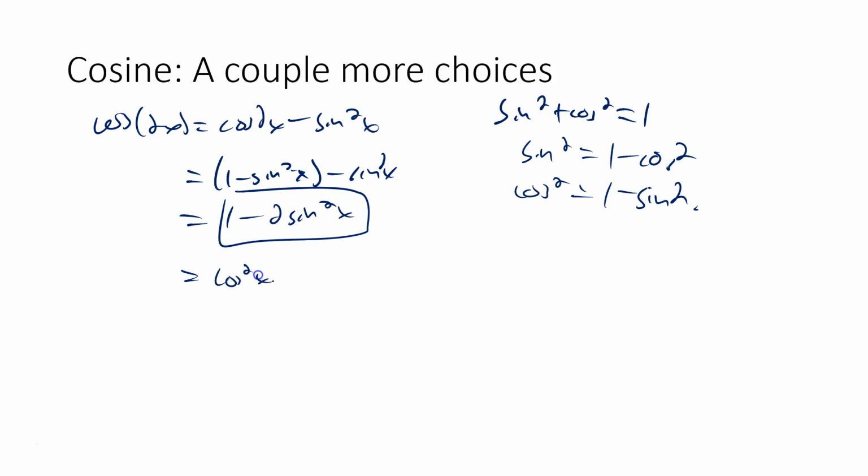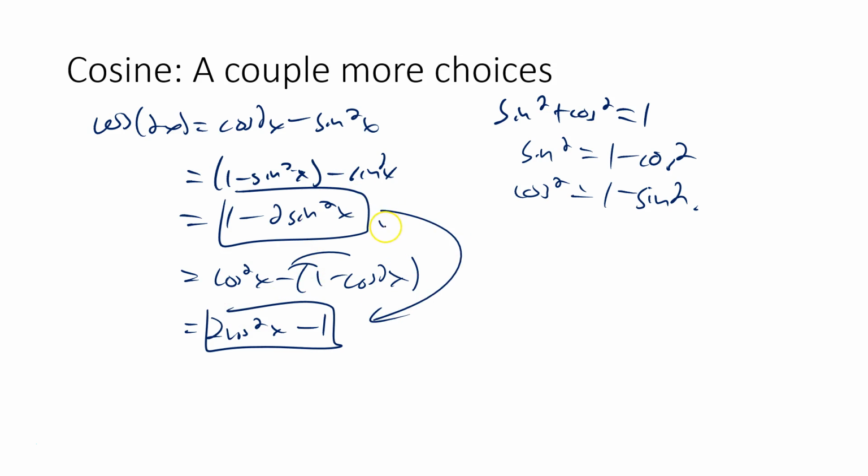So we have cosine squared minus 1 minus cosine squared, and that would be 2 cosine squared minus 1, because the negative would distribute in here. So 2 more options that you can do for cosine of 2x. Kind of cool.